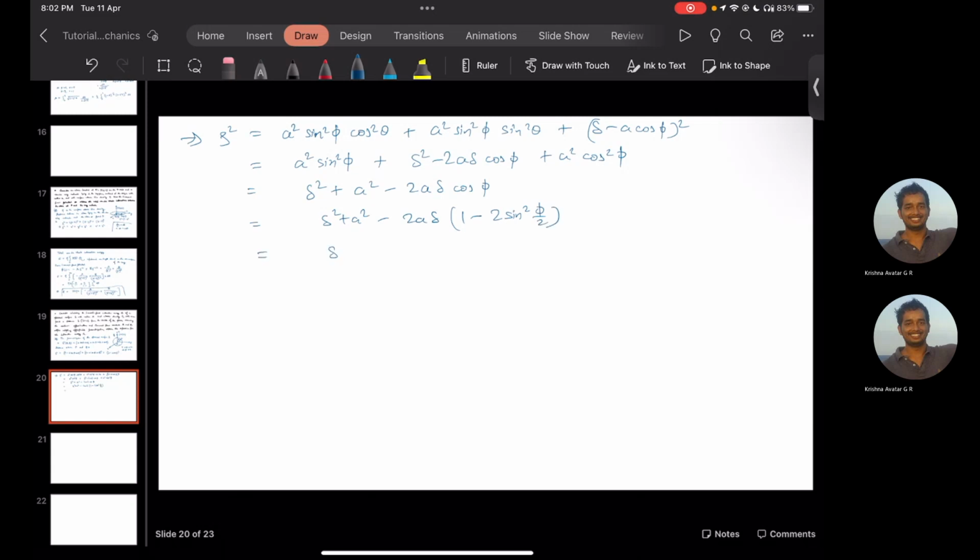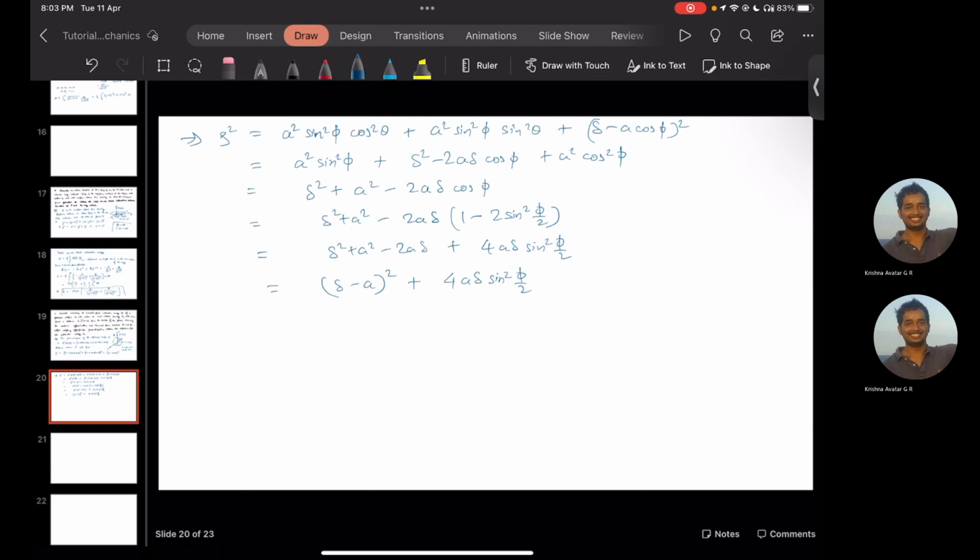And this gives us del squared plus a squared minus 2a del plus 4a del sine squared phi by 2. And we can write this in a neat form as del minus a whole squared plus 4a del sine squared phi by 2. Fine. Okay.